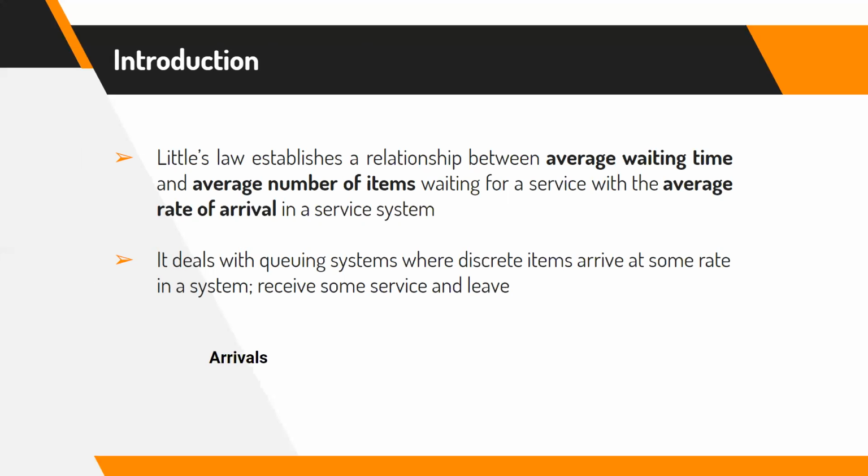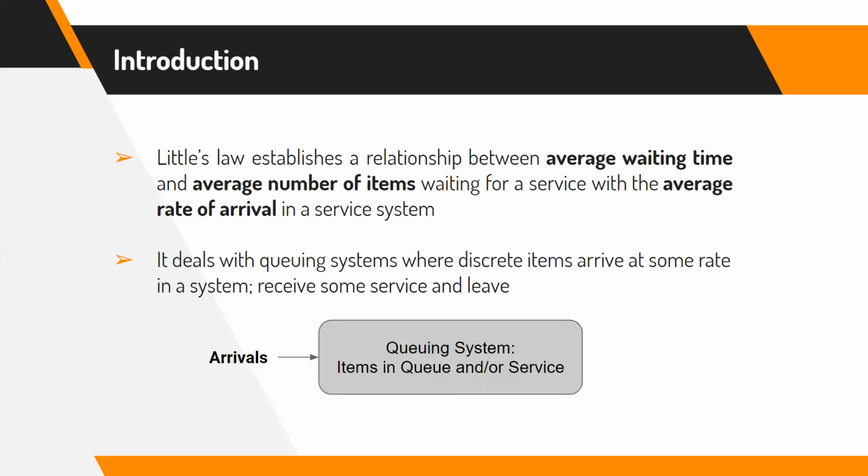So some arrivals come, they are fed into a queuing system which provides some service to them, and there are departures. So those items wait for some time, receive some service, and then they leave. That is the basic structure of a queuing system which Little's Law tries to model.